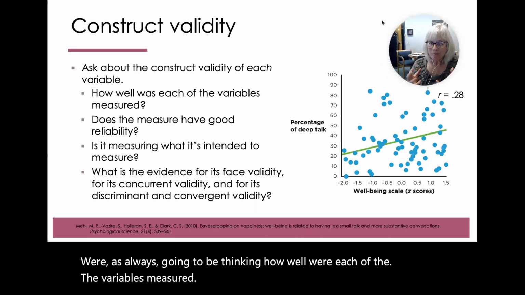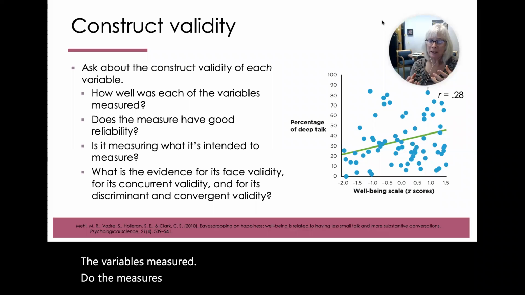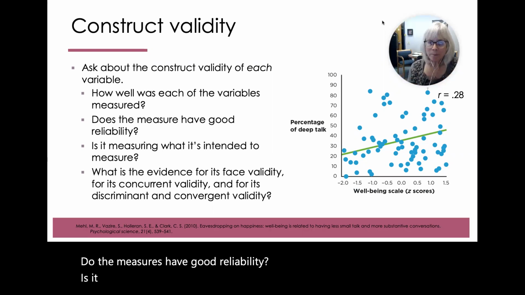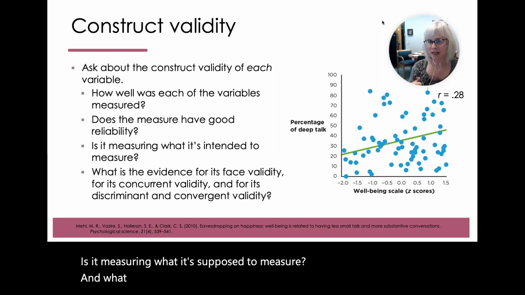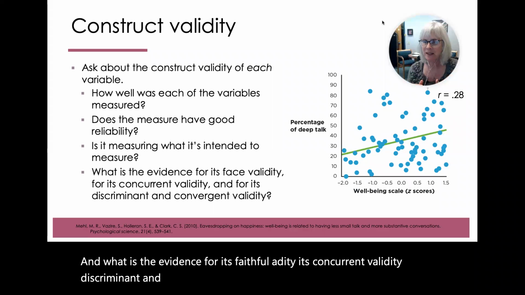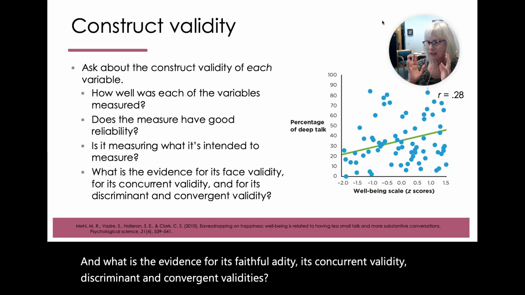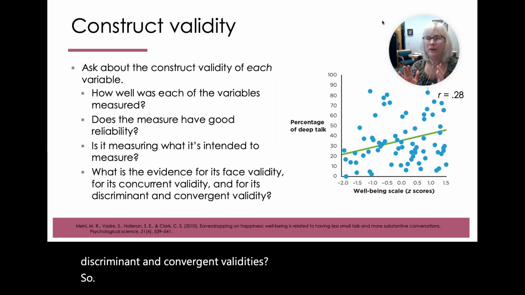Do the measures have good reliability? Is it measuring what it's supposed to measure? And what is the evidence for its face validity, its concurrent validity, discriminant and convergent validities? So absolutely everything that we talked about, I believe, in chapter 3.